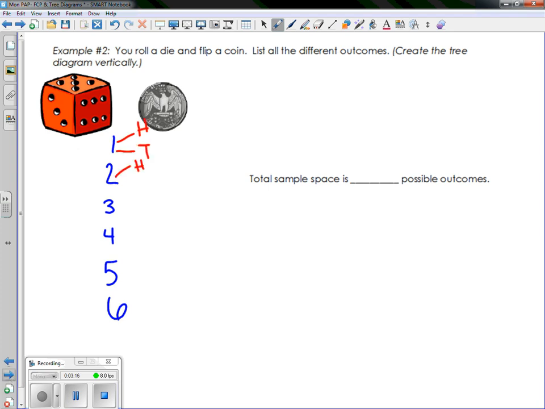Each number could get a heads or a tails. We're going to count. So we have 1, 2, 3, 4, 5, 6, 7, 8, 9, 10, 11, and 12. So we have 12 total sample spaces on a coin and 1 die.